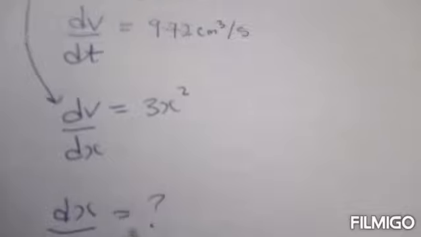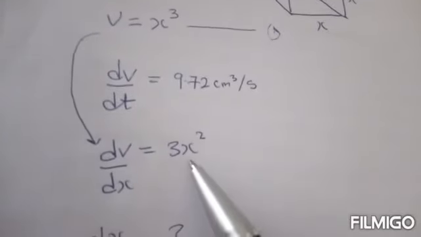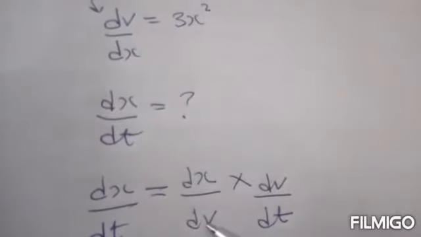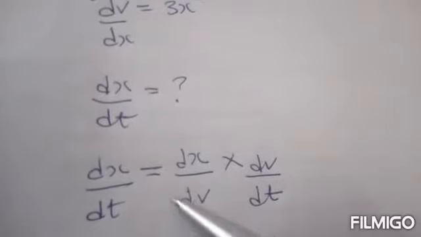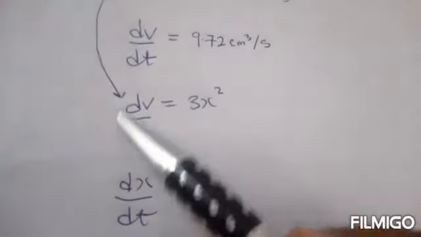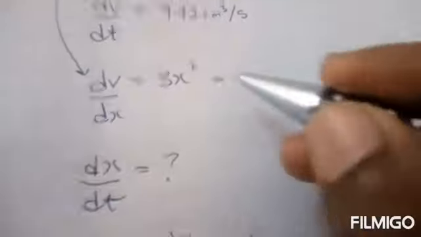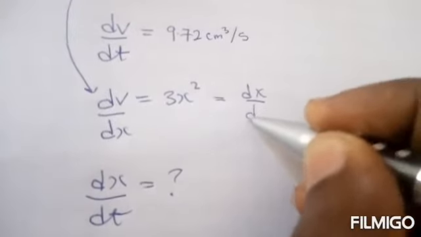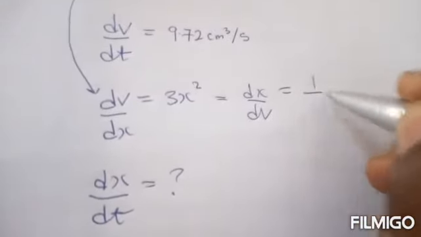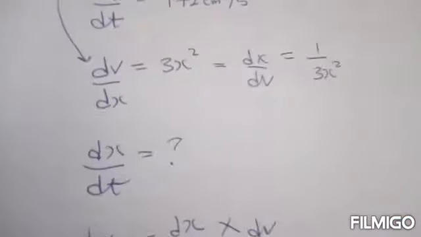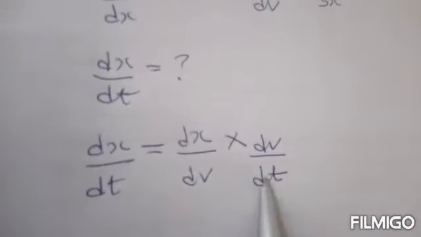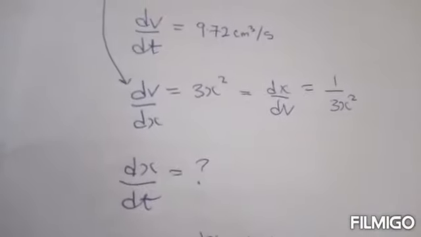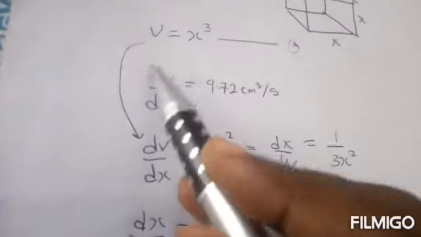We have our dV/dx as 3x squared, but here we have dx/dV. It means if I want to get my dx/dV, I will do the reciprocal. So dx/dV will now be 1 over 3x squared. From this formula, we have this already, and our dV/dt has been given.